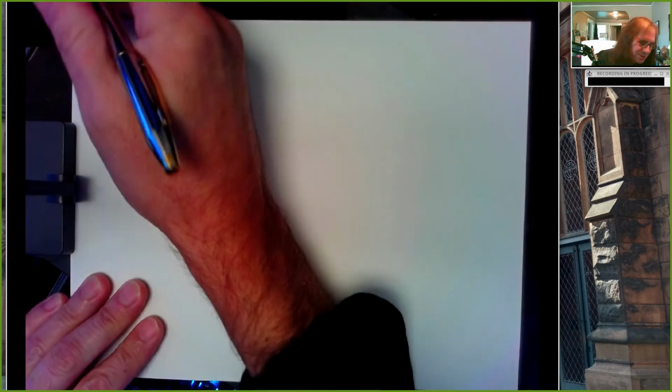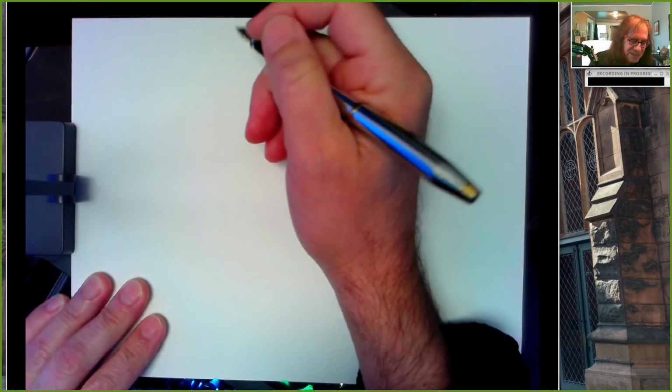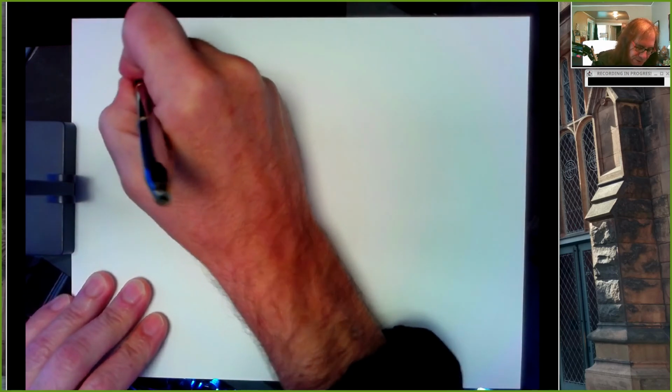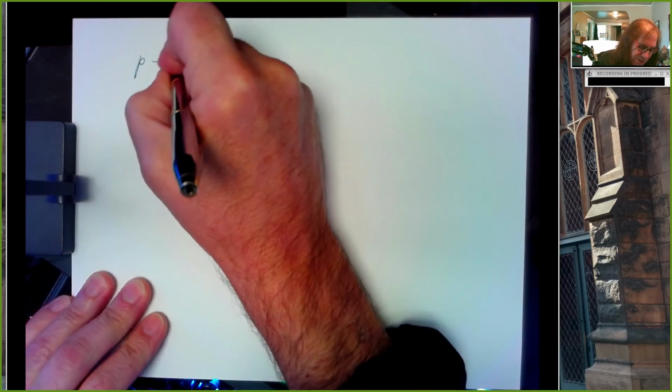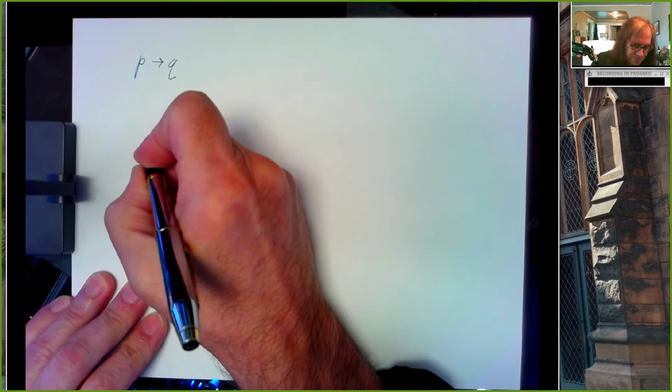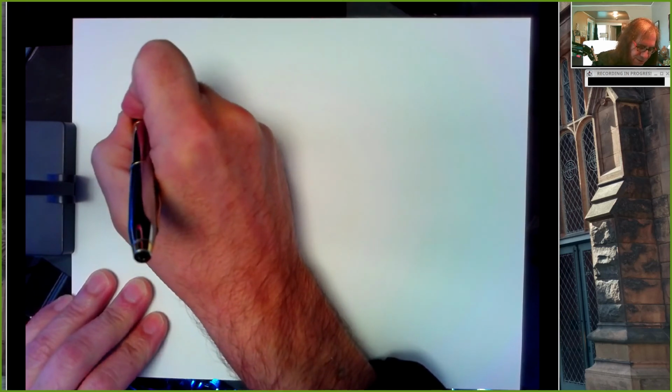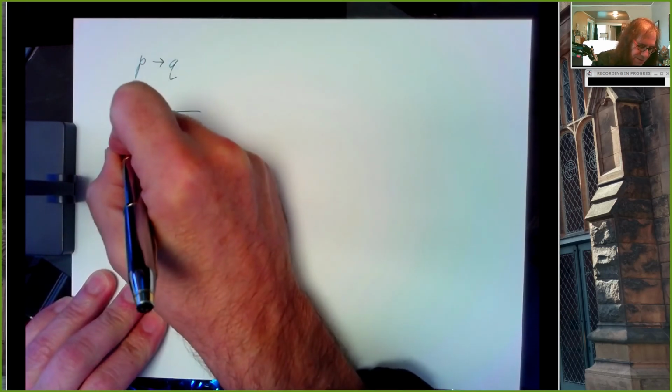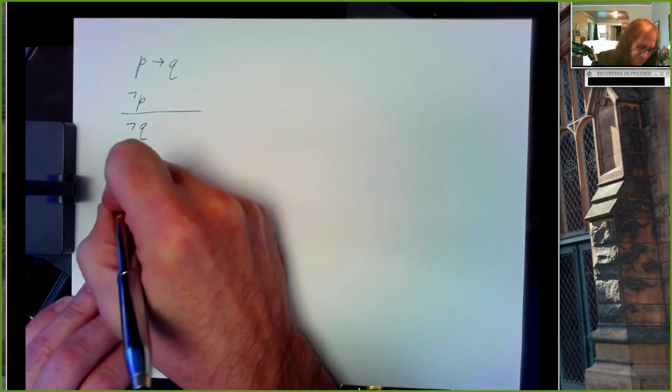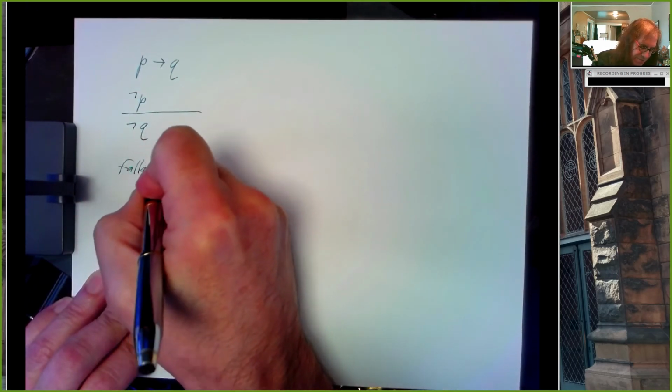And so let me show you the two common fallacies we work with in here. So if P implies Q, and if not P, then not Q. This is a fallacy.